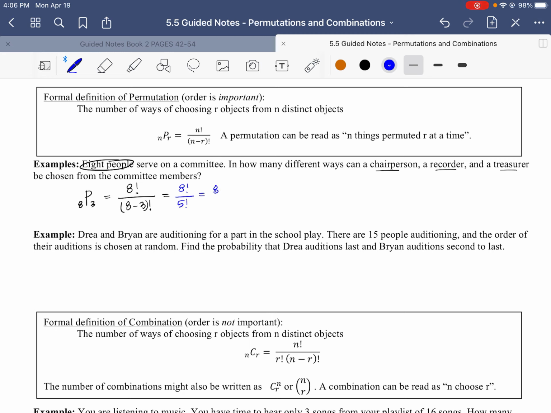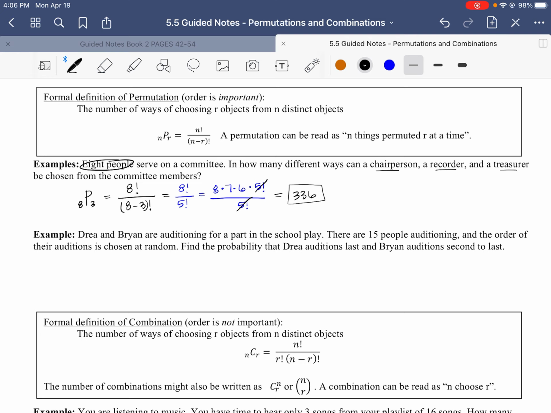So I'm going to simplify this down, 8 times 7 times 6 until I get to 5 factorial, and then I'll stop there because that's the same as the bottom. So those will simplify. From there, I just have to do 8 times 7 and then multiply that by 6, and I get 336 different ways they could assign those people.